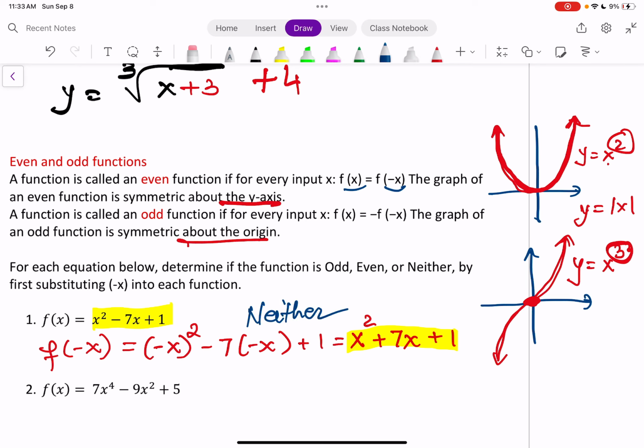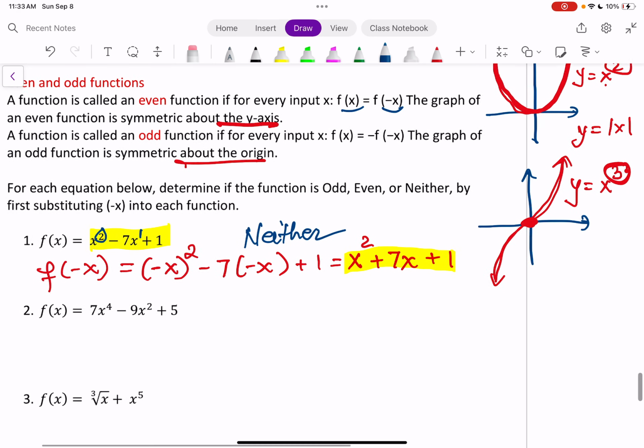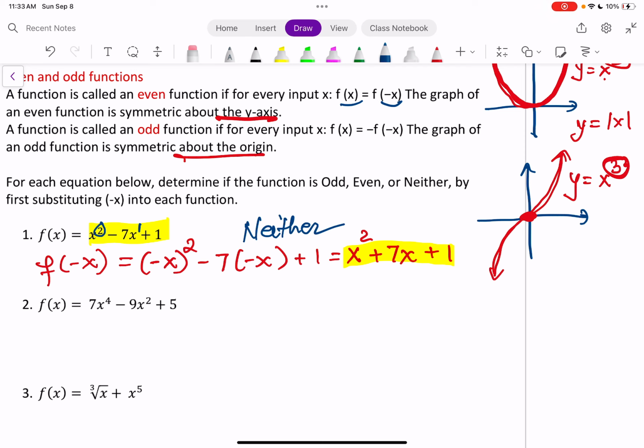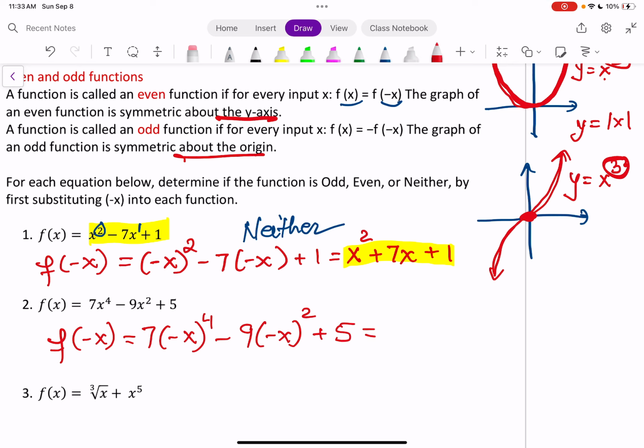And really the quick trick for it is that you see that you are mixing what? Both even and odd exponents. So it's not all even and it's not all odd. Okay, therefore it's neither. When you look at this next example, already you can tell that I'm only giving you even exponents. So when I plug in negative x for x, a negative to the fourth power is a positive.